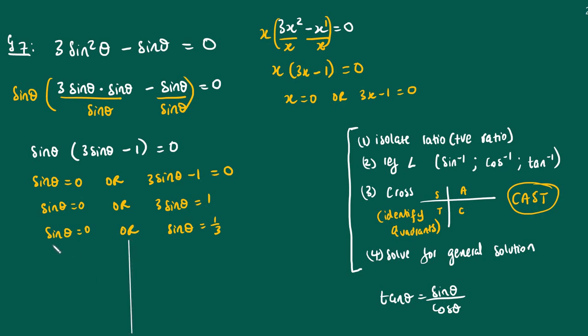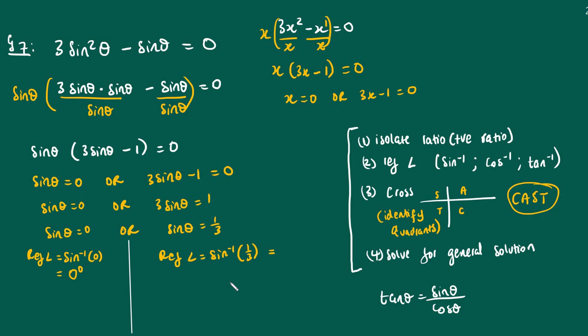Then I know that for this side, since the ratio is isolated, I say reference angle, arc sine 0. Arc sine 0 is 0 degrees. And in this side, reference angle, I say arc sine 1 over 3.